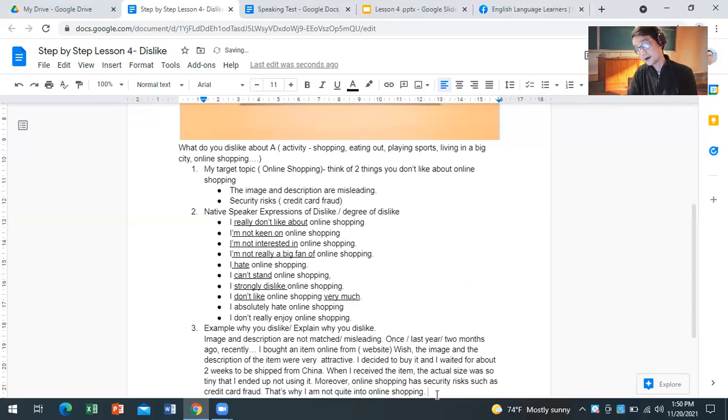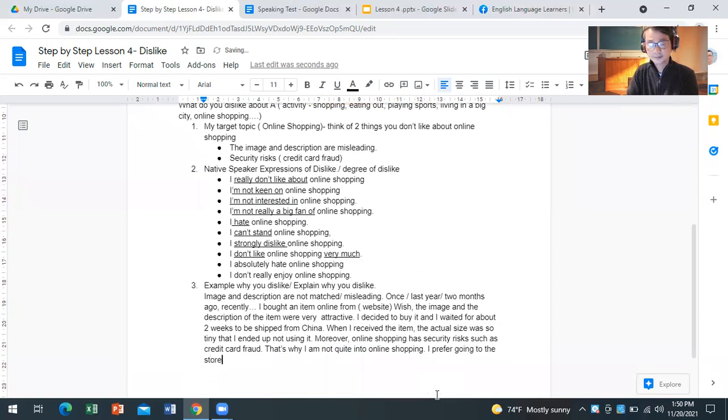I may use some other expression, like adding more information to the partner. I prefer going to the stores and physically seeing as well as trying the products, because it's easier for you to go to the store, especially when you buy shoes or clothes, you can try them on.